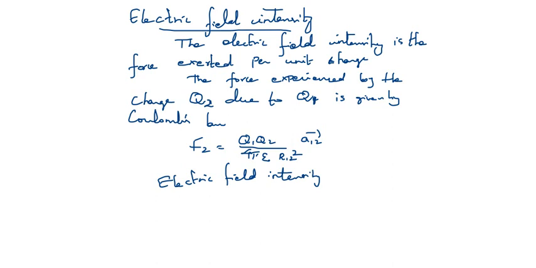Since Q2 is exerting the force due to Q1, this value is divided by Q2. So Q2 gets cancelled, and the remaining term will be Q1 by 4 pi epsilon naught R12 square into A12 vector. So this is about the electric field intensity.